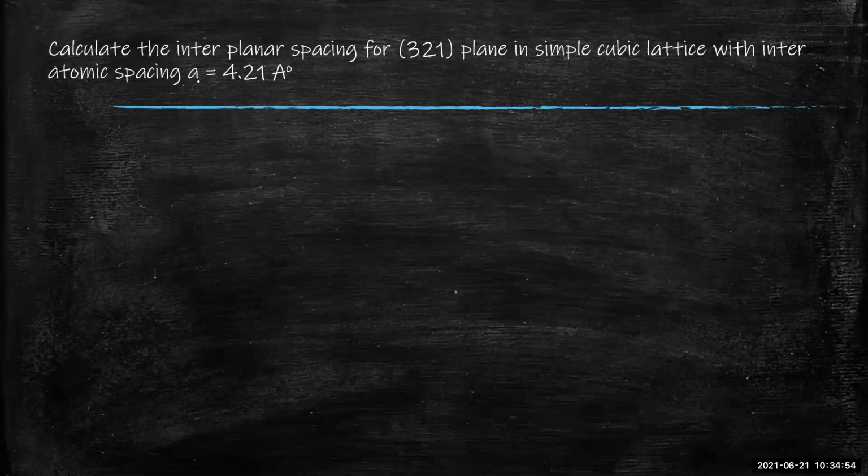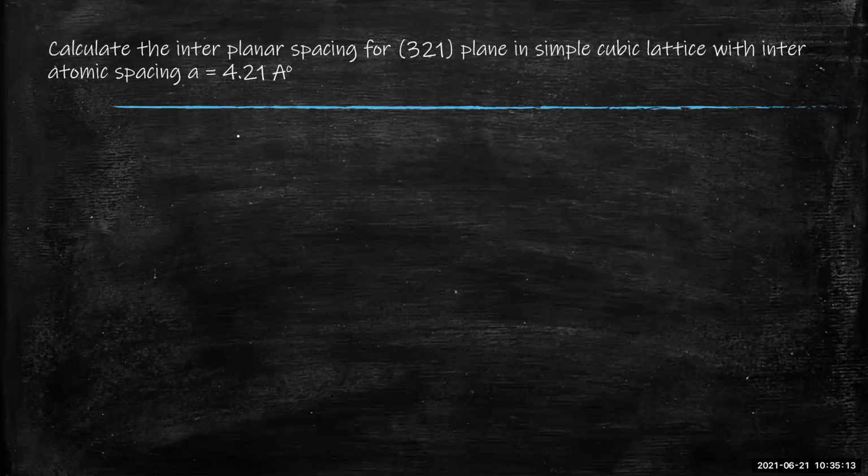If in some cases the atomic radius is given, we must find the lattice parameter A first. Then we have to find the interplanar spacing.